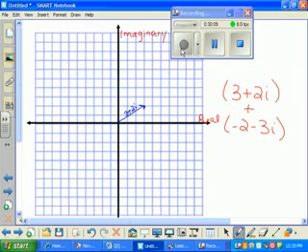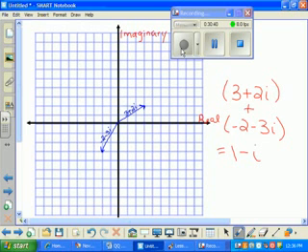All right, negative 2 minus 3i. How am I going to do this one? Perfect. So here's my point, here's my vector, and I'm going to label it. Now, I want the resultant, so I'm going to have to add these together and get my sum. And what is my sum when I add them? It's going to be 1 minus i.